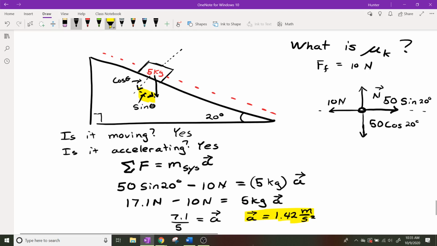What's mu sub k? So we know that the force of friction is equal to mu times the normal force.